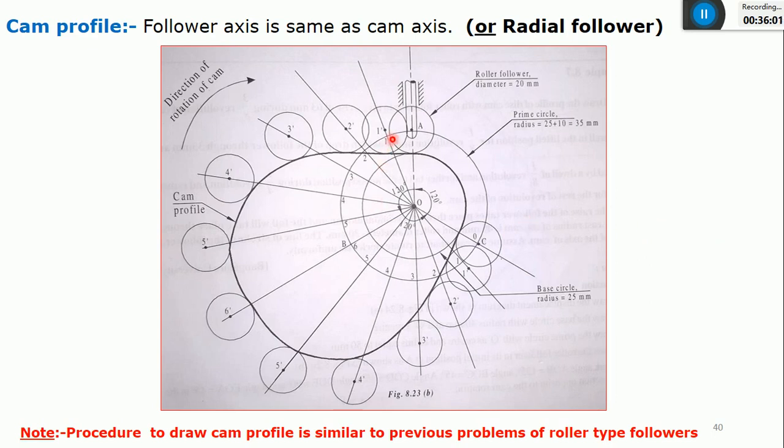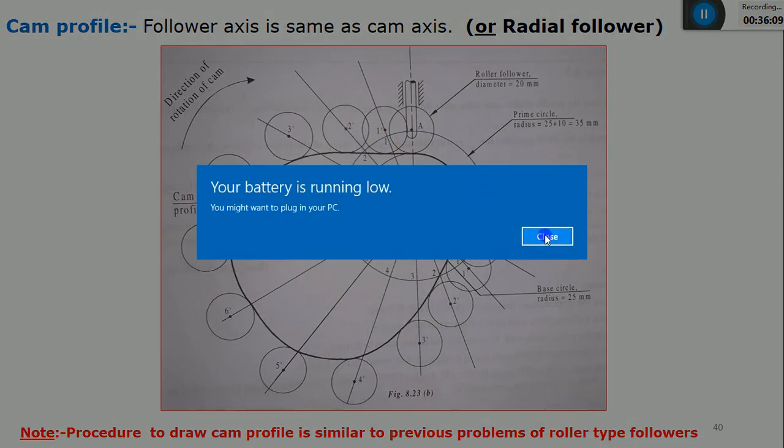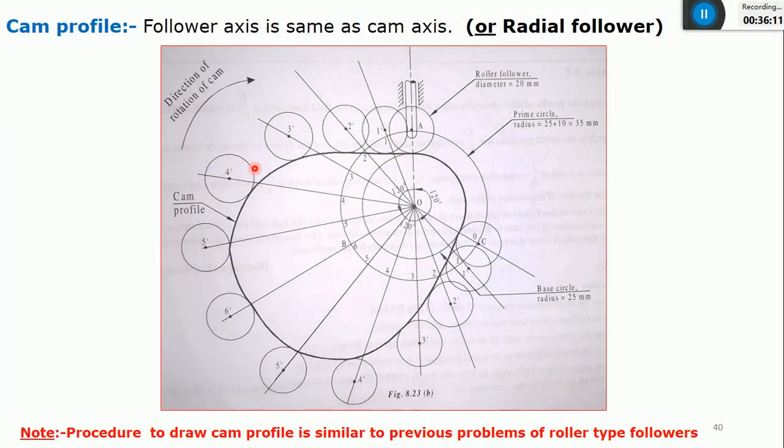After that, just transfer the displacement distances from the displacement diagram, 1 to 1 dash, 2 to 2 dash.